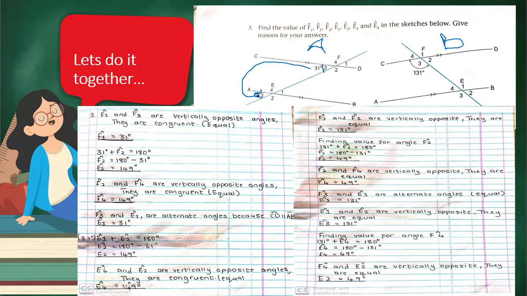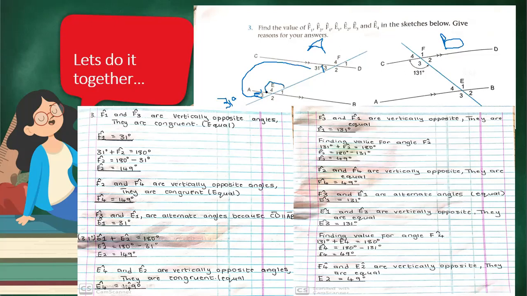So now we have 31 degrees for angle E3. Since we have the values for E3 and F3, now let's find the value for this angle right here, which is angle E4.